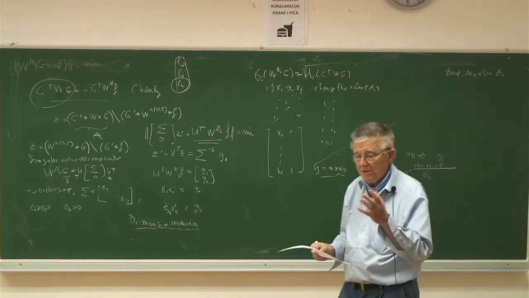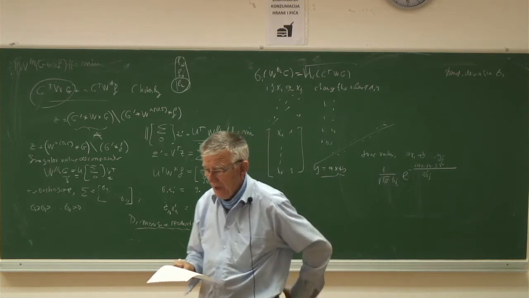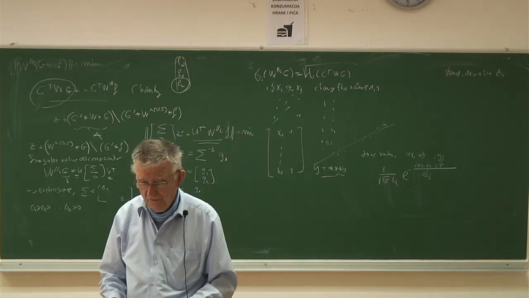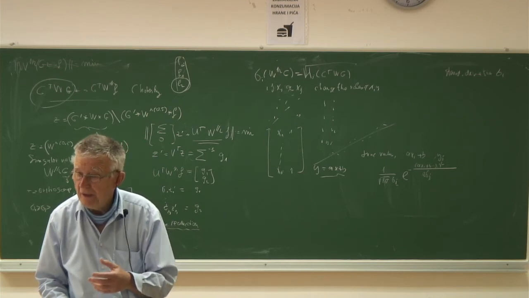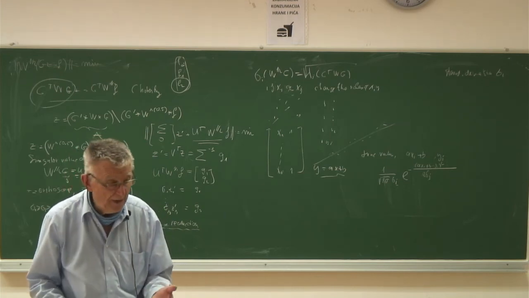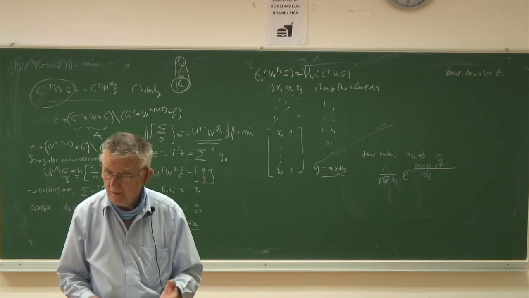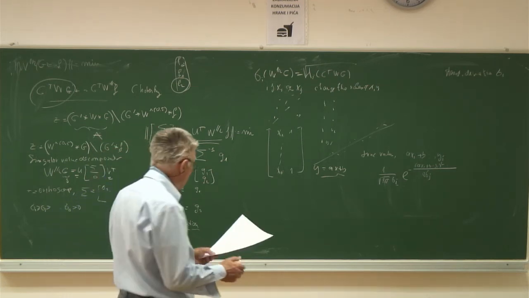So now what is the probability density if you make n experiments in an independent way? Well, we know that it's a product of the probabilities and also of the densities.